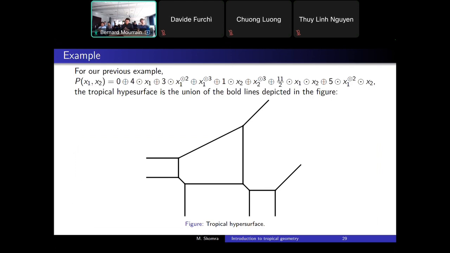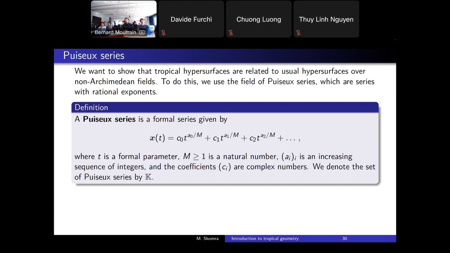In order to do that, we will introduce a field that is very commonly used in tropical geometry, the field of Puiseux series. There are actually many fields you can use to do tropical geometry, but this is the most popular one.